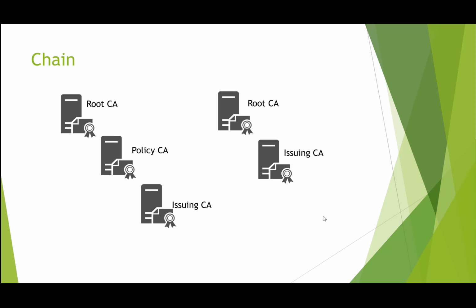What that would allow is for each company to create their own issuing CA. The company would need to go to the shared services initially to get their policy CA signed, but once they did that, they could add or remove issuing CAs at will, and they'll be trusted in their environment. So that provides them the same sort of trust infrastructure, but still allows them some autonomy in terms of adding or removing their issuing CA certificates.